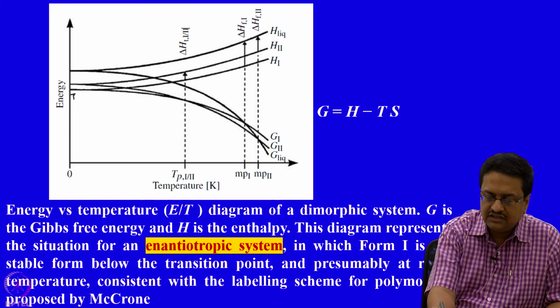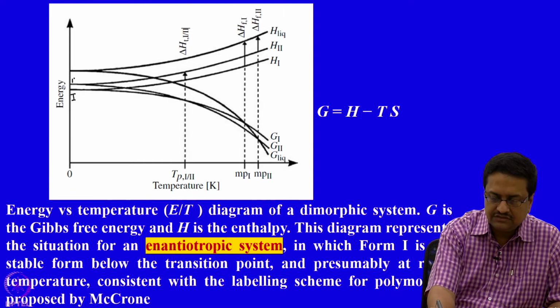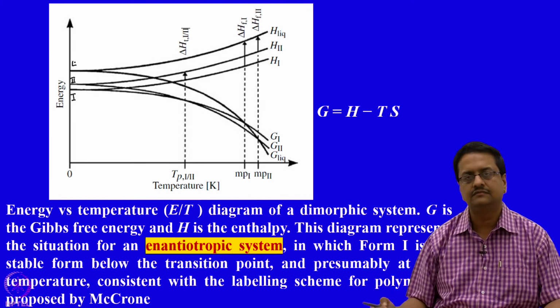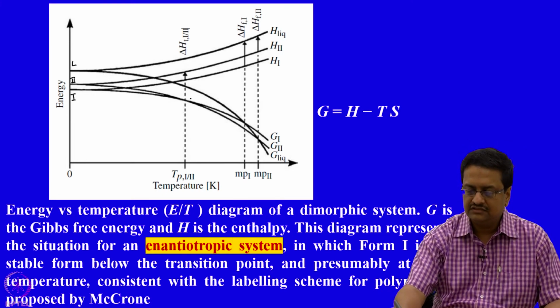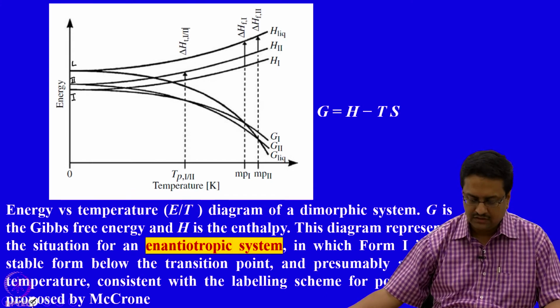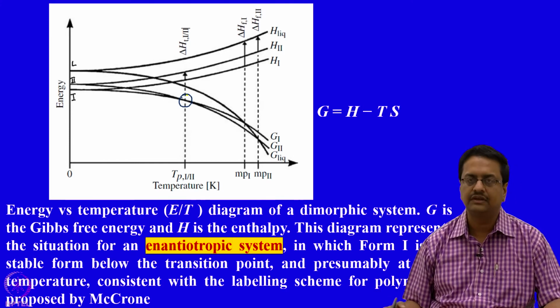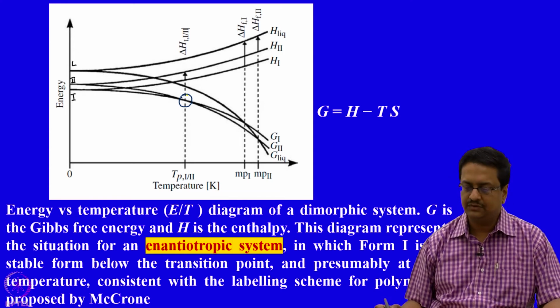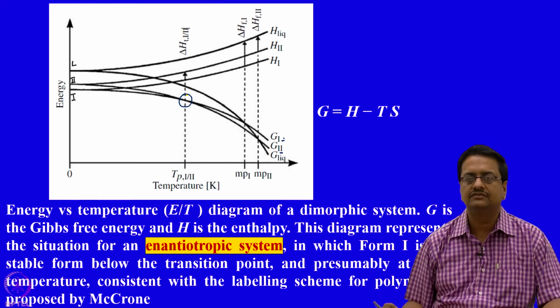Form 1 is the most stable form at low temperature, this is form 2, and that is the liquid phase of the compound. At a particular temperature while heating, the Gibbs energies of the two phases become equal, and beyond that temperature the Gibbs energy of phase 2 is lower than that of phase 1.